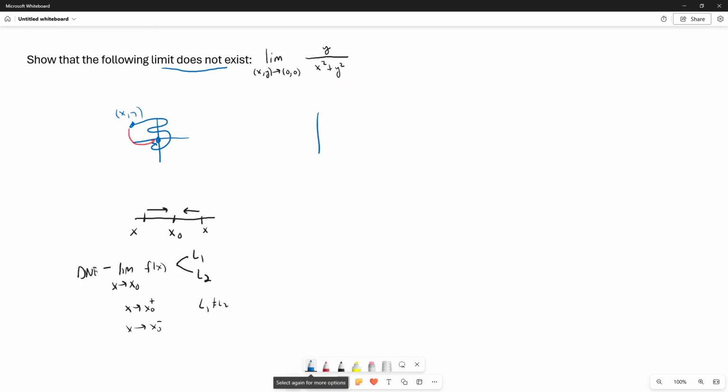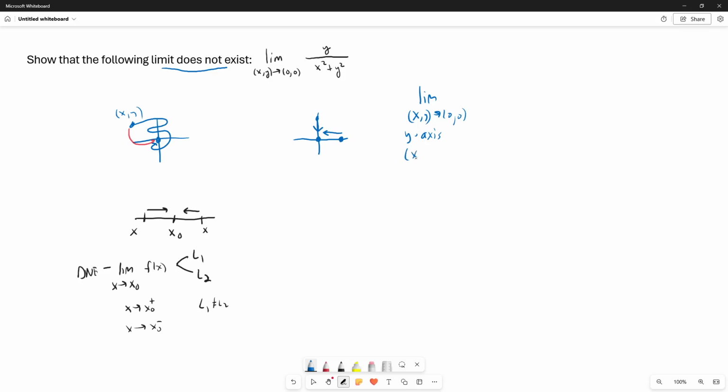And for those two paths, we will consider moving to (0, 0) along the y-axis and moving to (0, 0) along the x-axis. So let's consider the limit as (x, y) goes to (0, 0) along the y-axis.